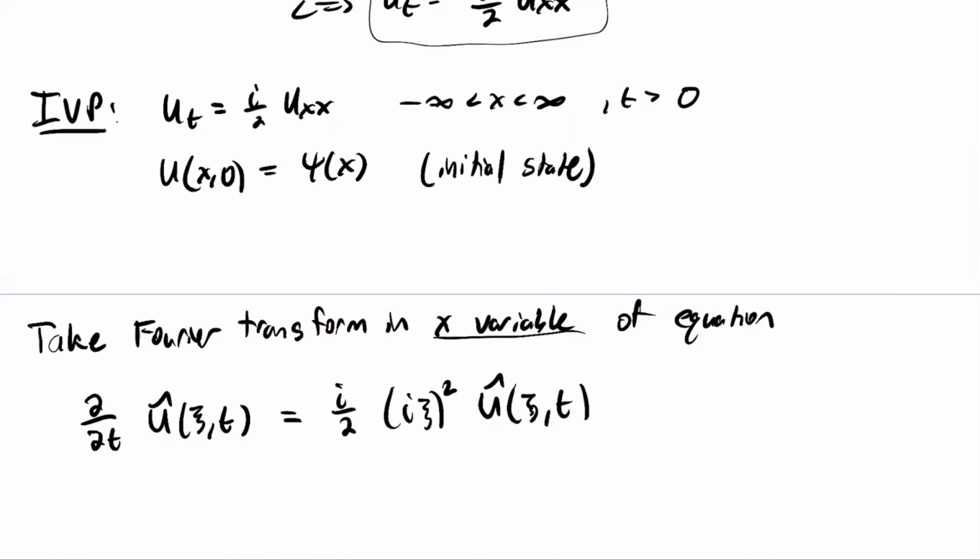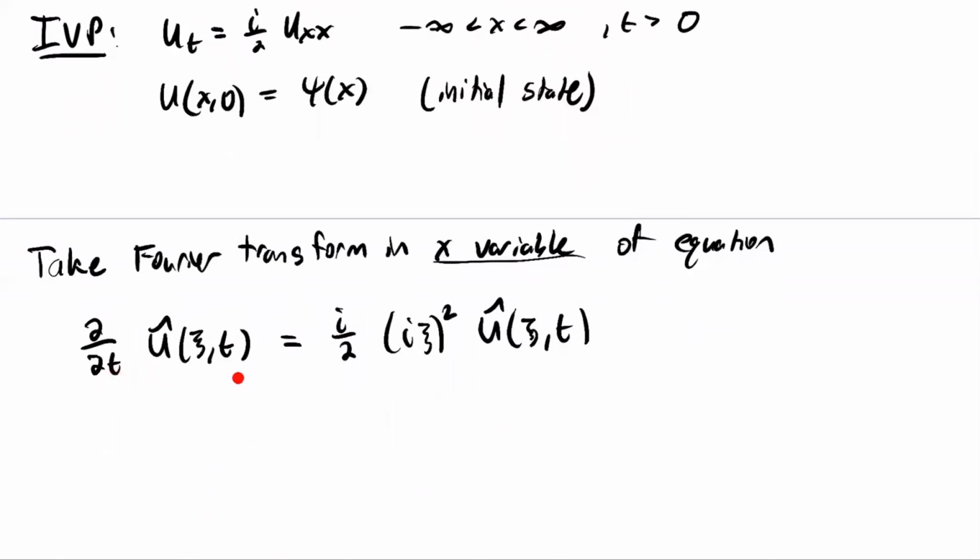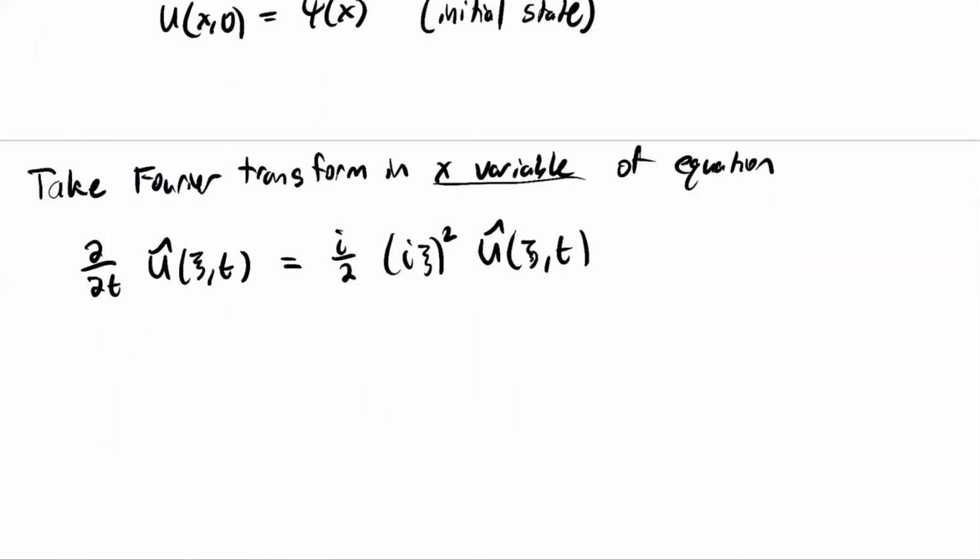Again, this is the reason why the Fourier transform is so powerful for this type of problem, because I've turned two derivatives into just a polynomial coefficient. And then on the left-hand side, I have the derivative with respect to t. Now this will simplify a little bit.